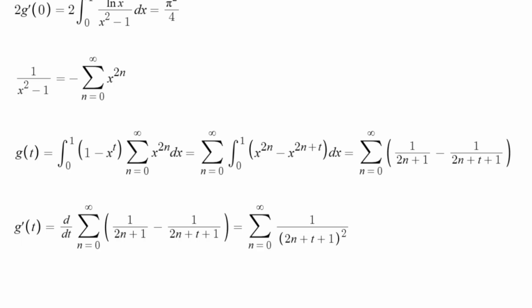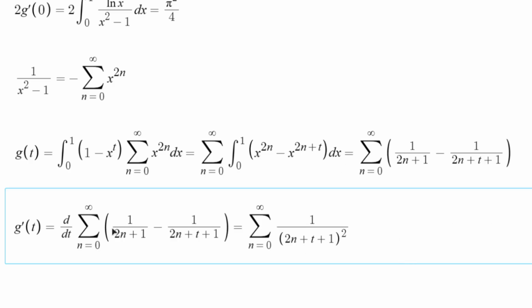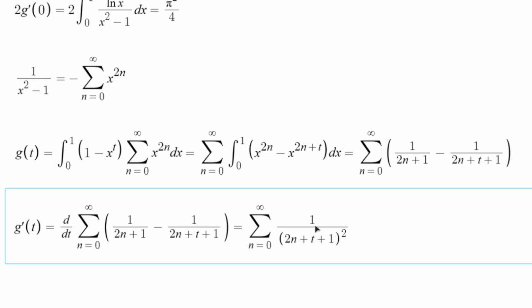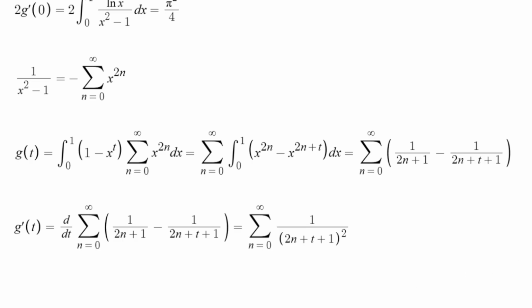So now let's take g prime of t just by differentiating this sum term by term with respect to t. Of course, this with respect to t is just going to give us 0 because it's constant. And if you take the derivative with respect to t of this, you'll just end up with this. So now we have g prime of t is equal to this sum right here.